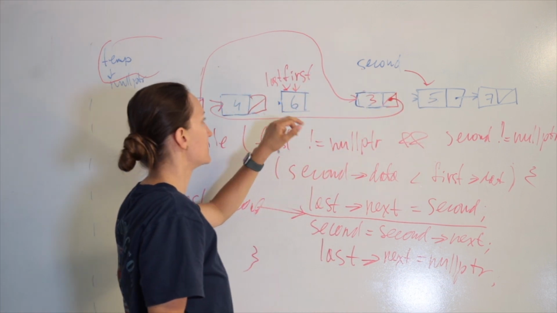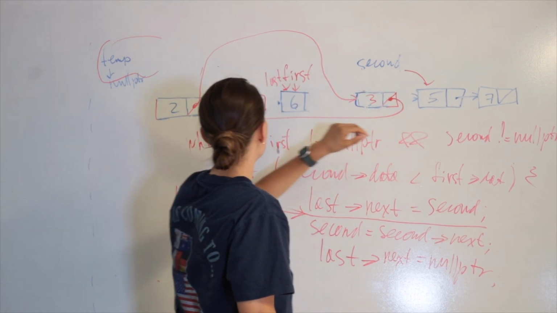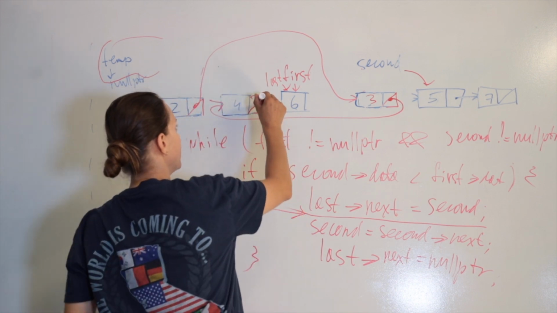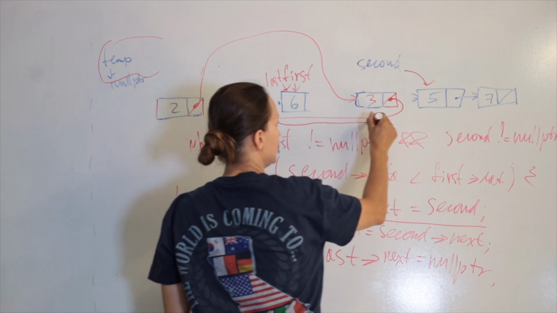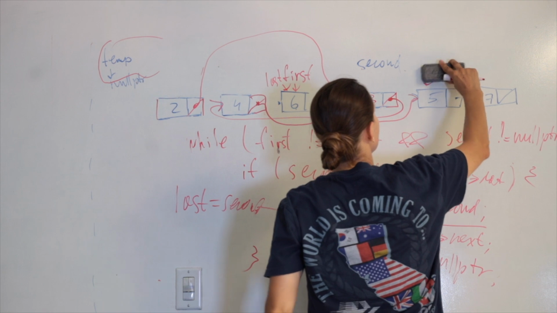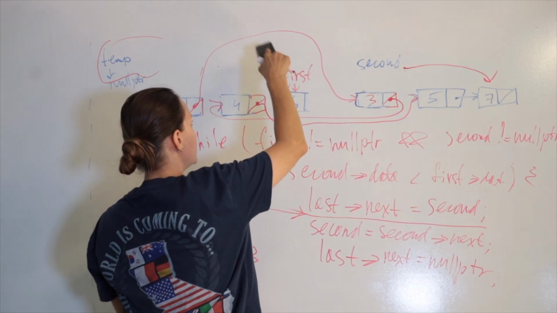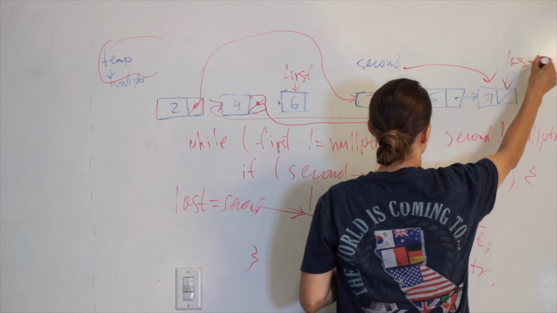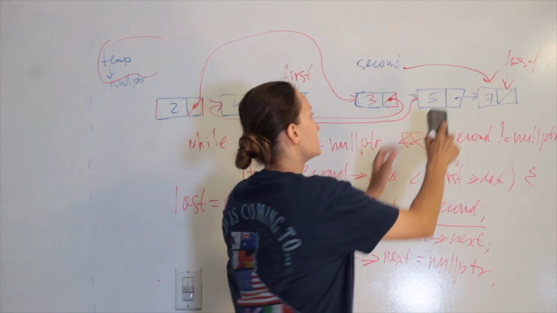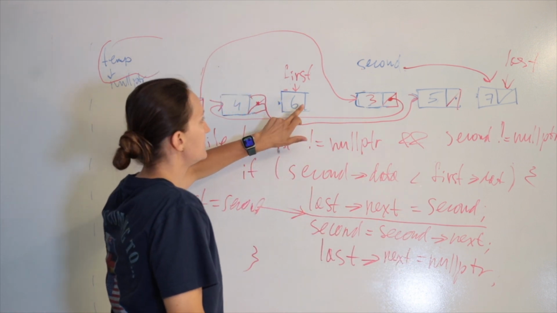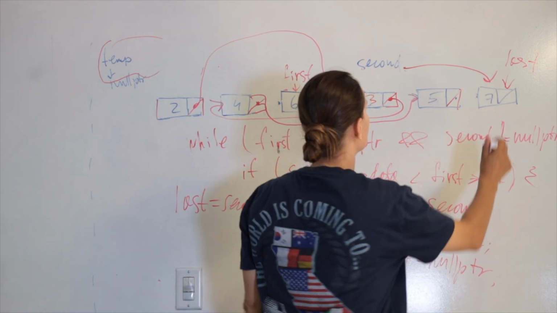5 is less than 6. It means we will, what is last next? This is last next. We'll make last next point to this node. We will move our head, and we will move our last to the same node, and make last next point to null pointer. Continue. 6 is less than 7. The same thing.